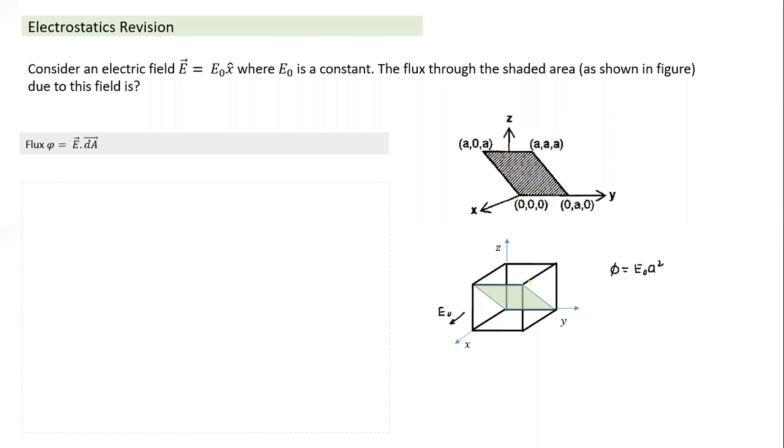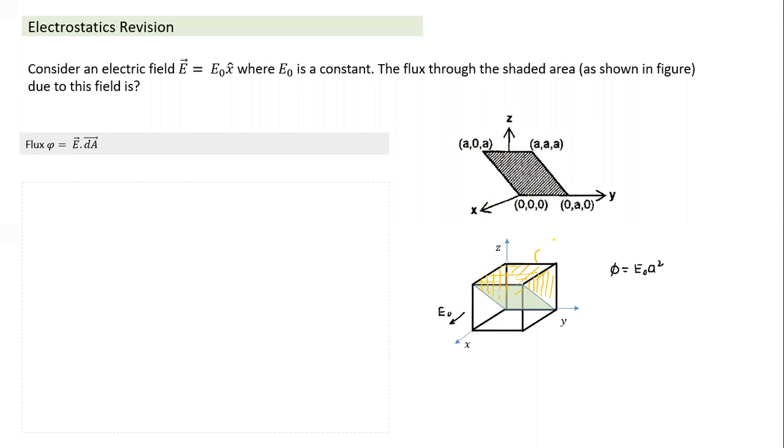I include this triangular surface, which is parallel to the xz plane, and on the other side also a triangular surface parallel to the xz plane. Then I use the top surface and the back surface. Put together, everything forms a closed surface, and I can apply Gauss law.